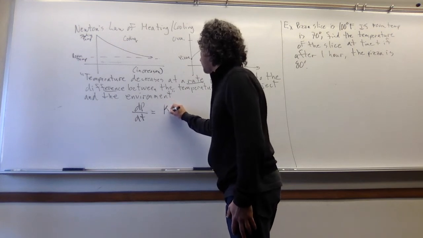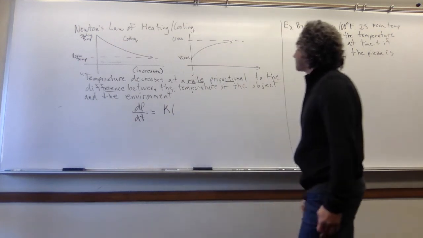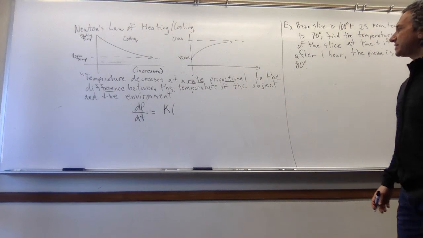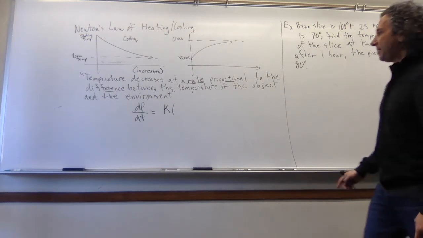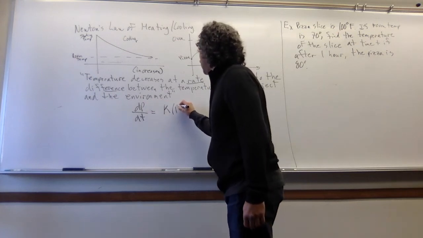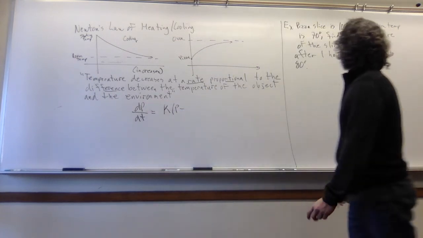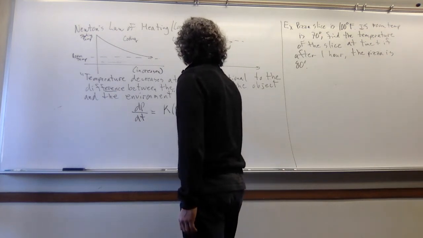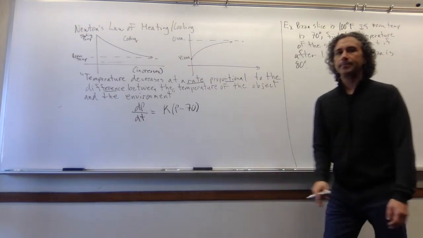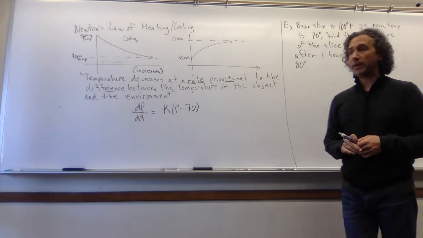So here's my proportion. Proportional to the difference between the temperature of the object and the environment. So the temperature in the environment is 70. All right, so that's my differential equation.